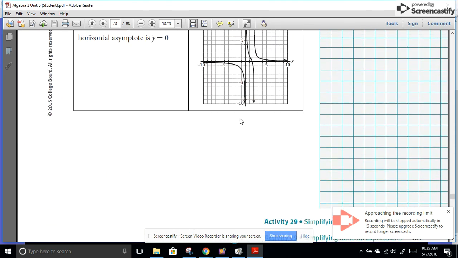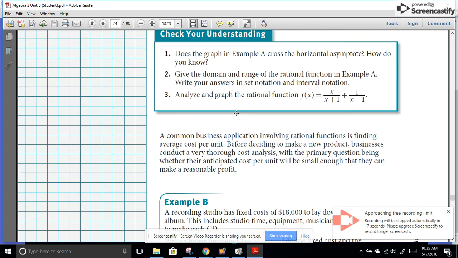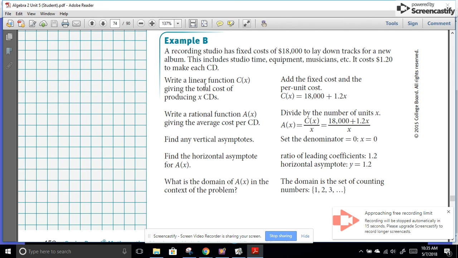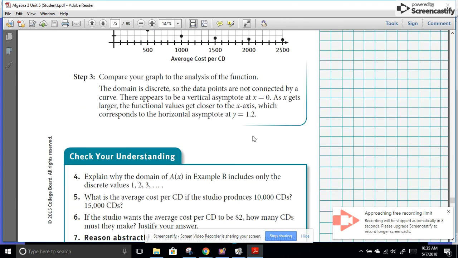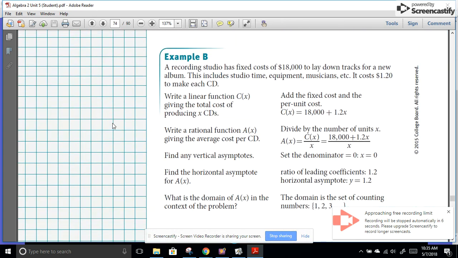Start back with example B. This is where the problem starts. If you're trying to figure out how to answer this question, go back and read this example right here, and it should give you some background for what you're doing. All right, good luck. Bye.